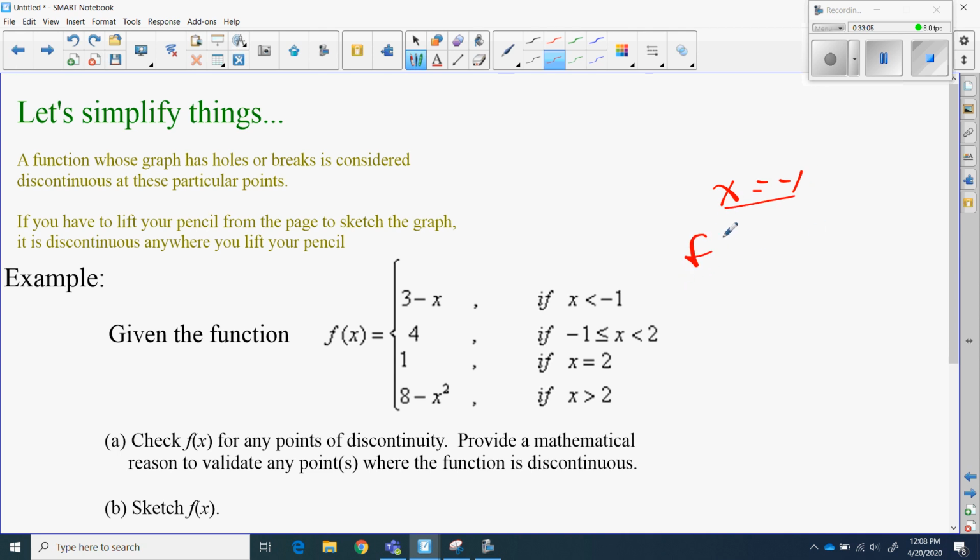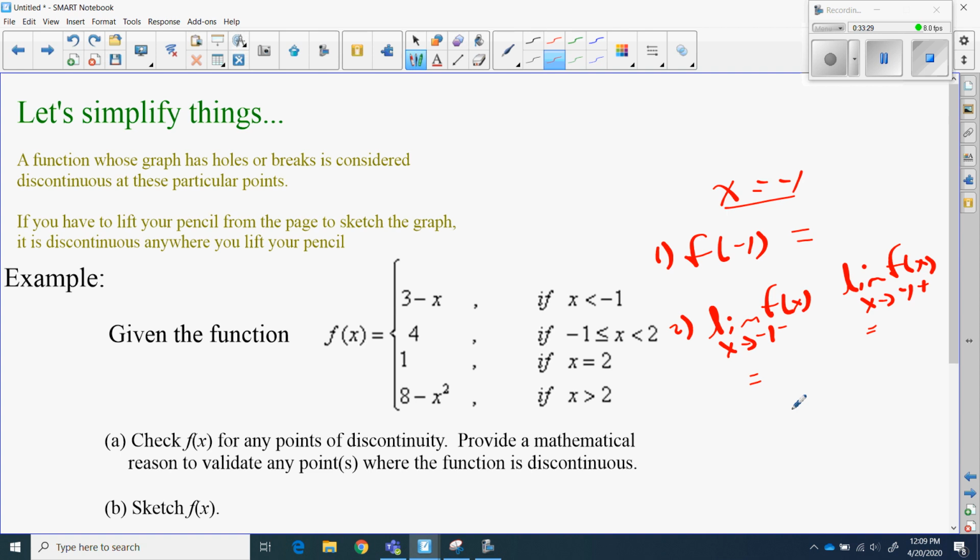What's the value of the function at -1? That's step 1. Step 2, what's the limit of the function as you approach -1 from the left? And then what is the limit of the function as you approach -1 from the right? These are usually easy enough, you can just tell by looking.